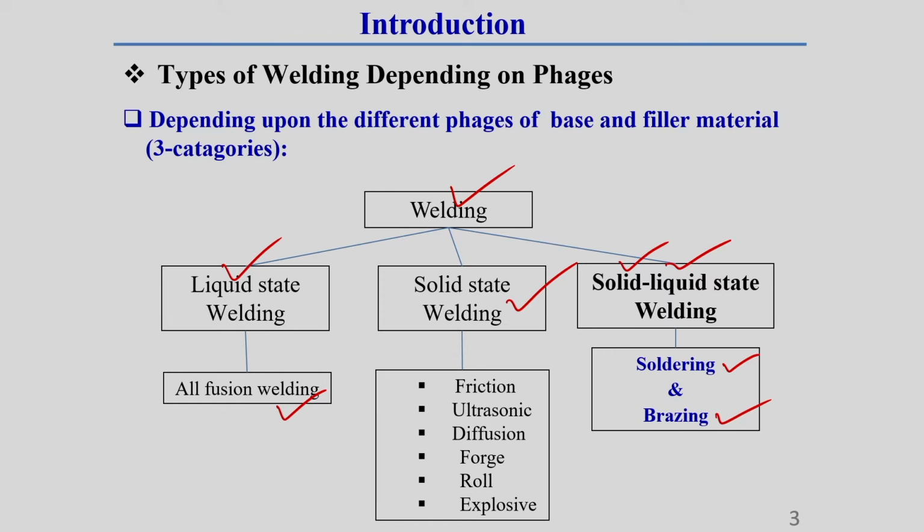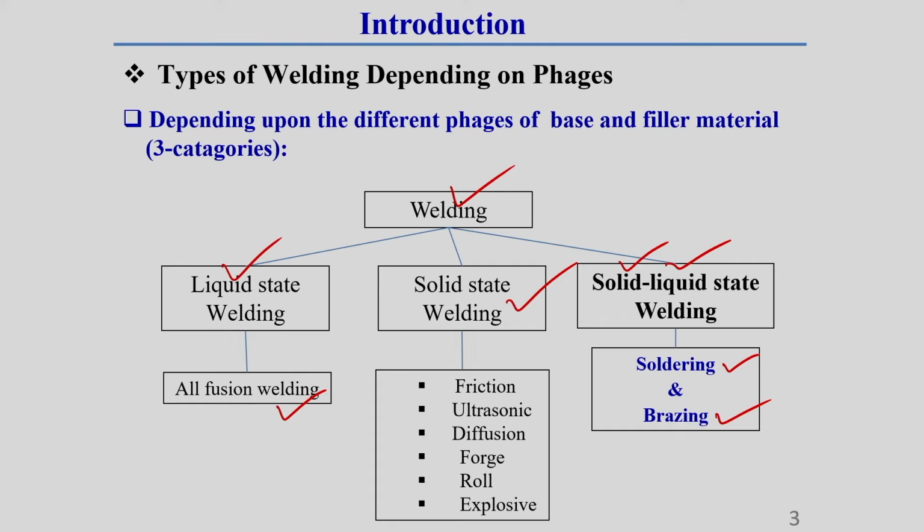In this course I will give lectures on different important types of conventional fusion welding processes which are widely used in manufacturing industries. I will also cover different types of solid state welding processes. One of the solid state welding processes, which nowadays is a very popular welding technique, is called friction stir welding.